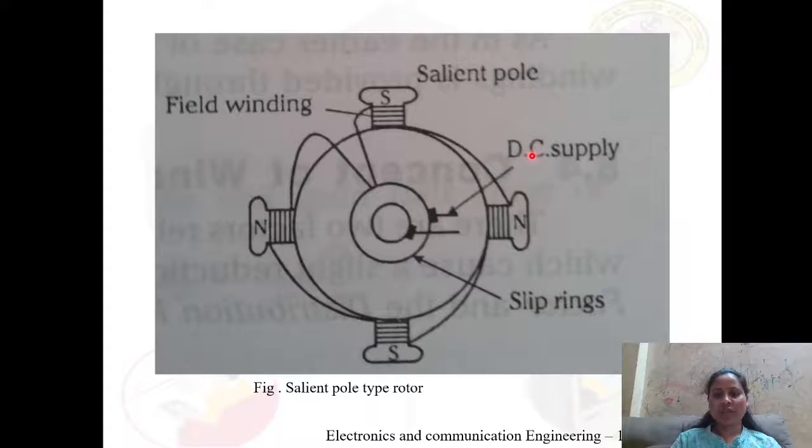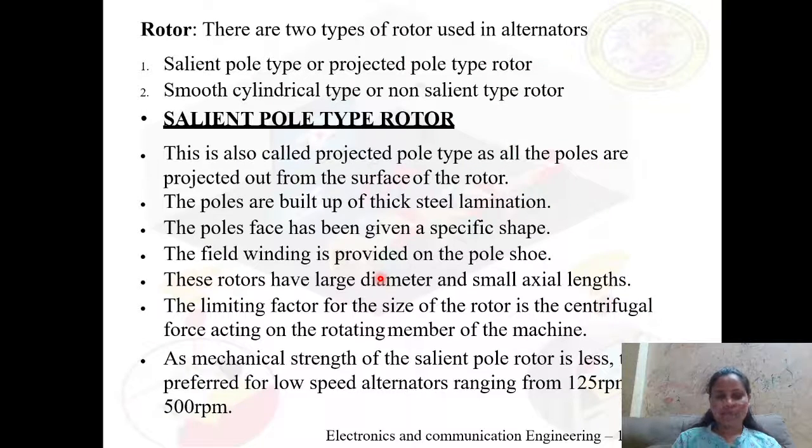This is the DC supply, and these are the field windings which are mounted on the poles, and these are the slip rings. As I said, we also call the salient pole type rotor a projected pole type because the poles are projected out from the rotor surface, and these poles are made up of thick steel laminations.